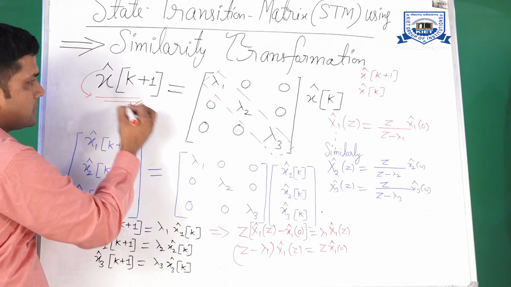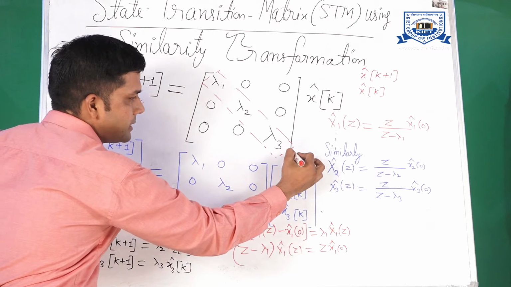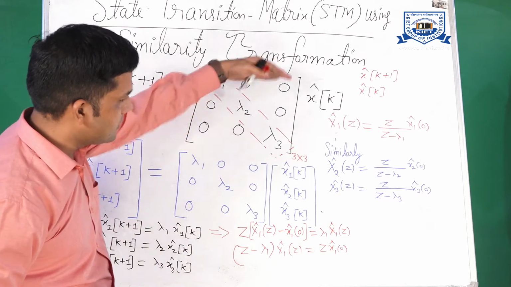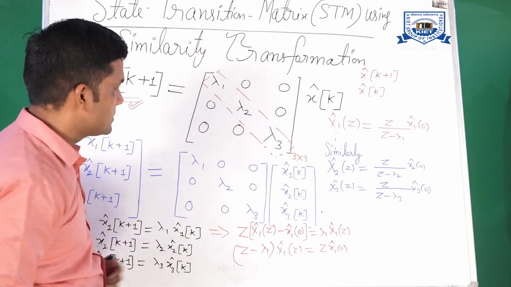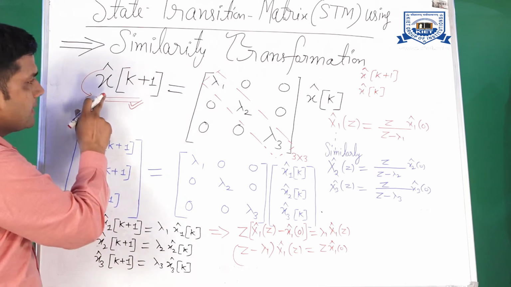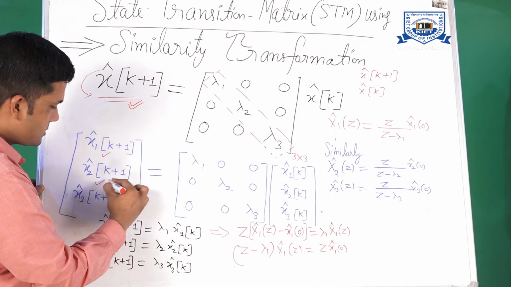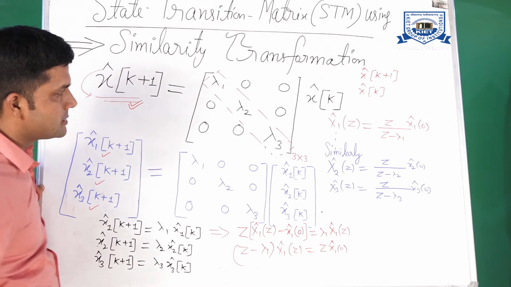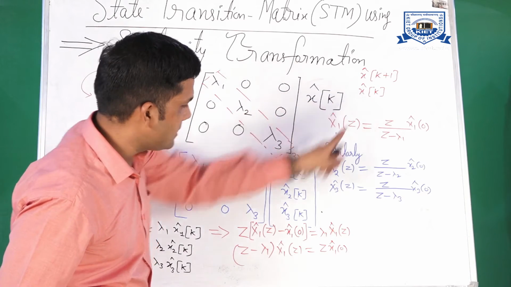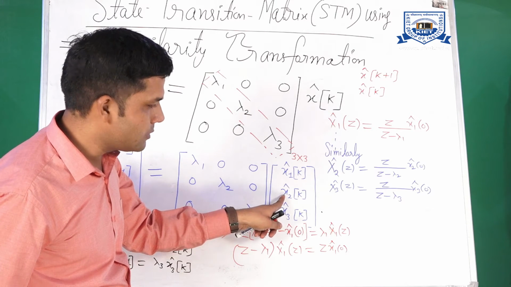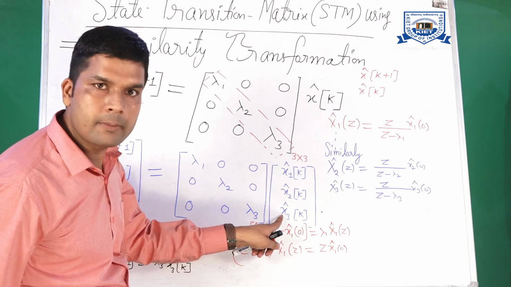Now because the dimension of this matrix is 3 into 3, 3 rows and 3 columns, we can expand x cap k plus 1 three times: x1, x2 and x3. Similarly, x cap k may be written as x1 cap k, x2 cap k and x3 cap k.